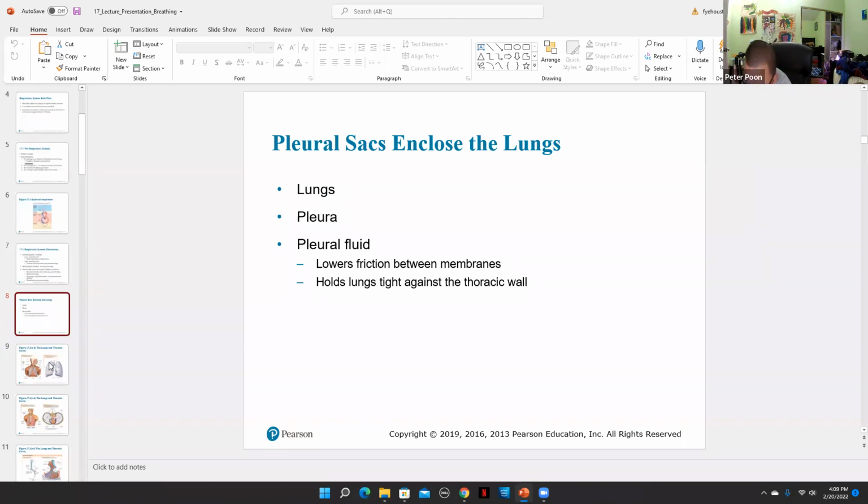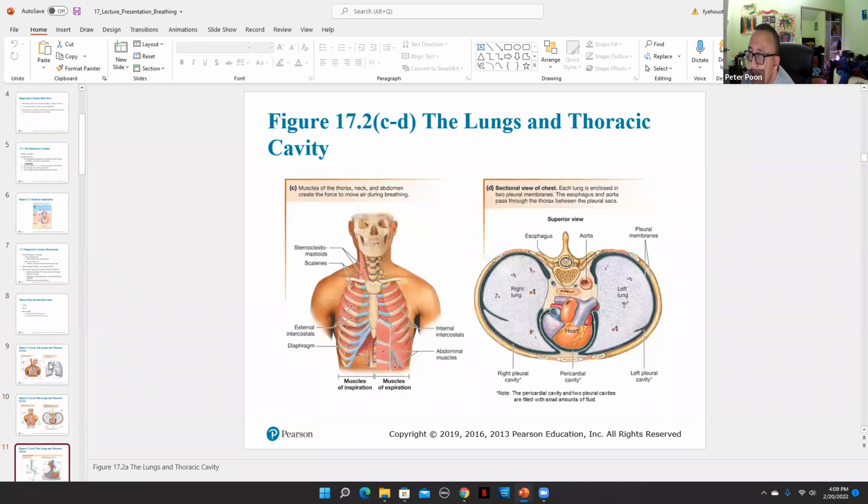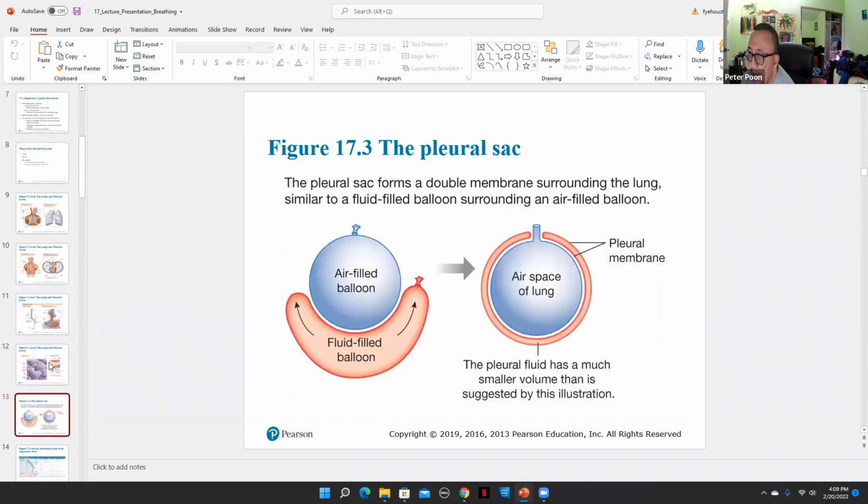In anatomy we talk about the pleura, but we don't actually talk about what it's for. Now we can see. So there's the lungs. This is all lungs, all anatomy stuff.